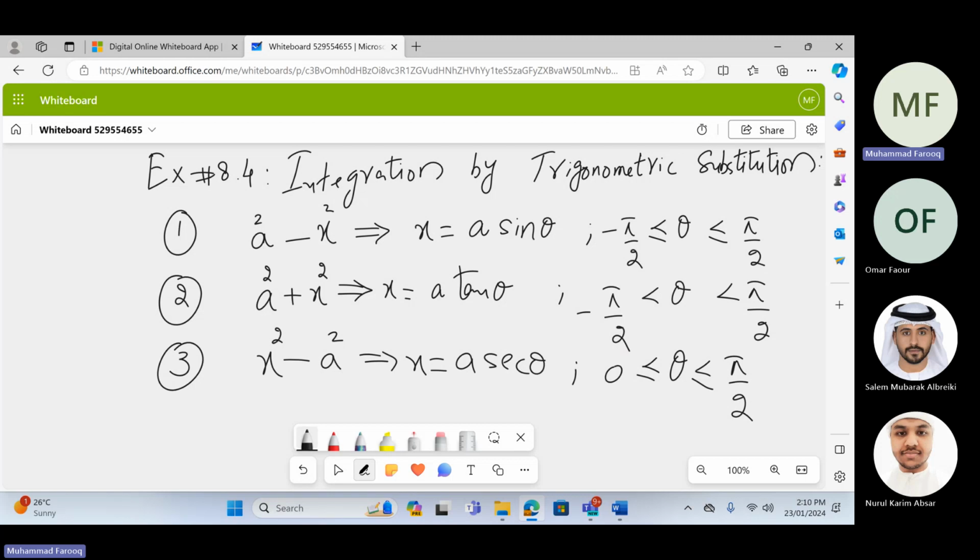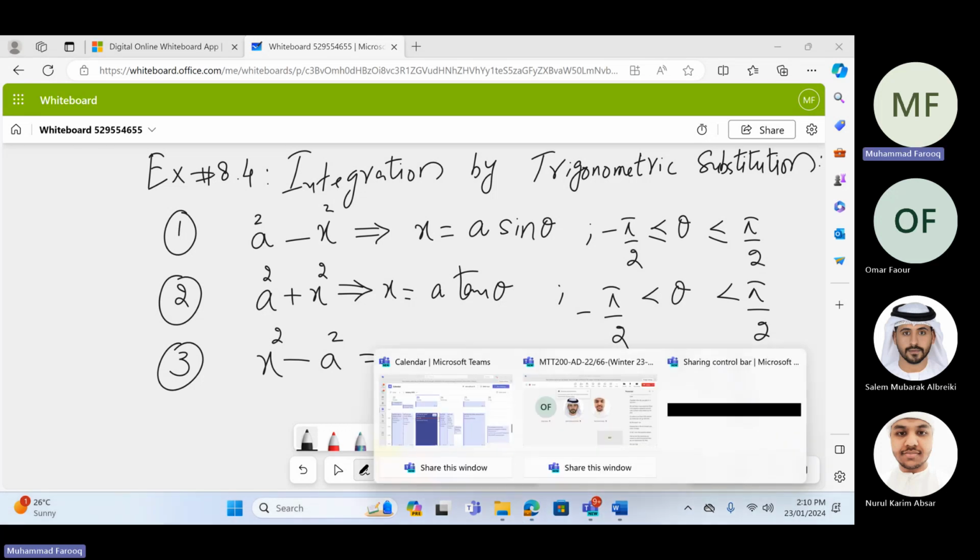So this is the overall concept of 8.4. Let's start the questions and see which format they follow, and then we use substitution for that.